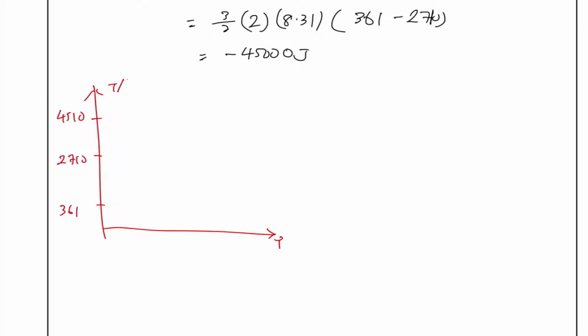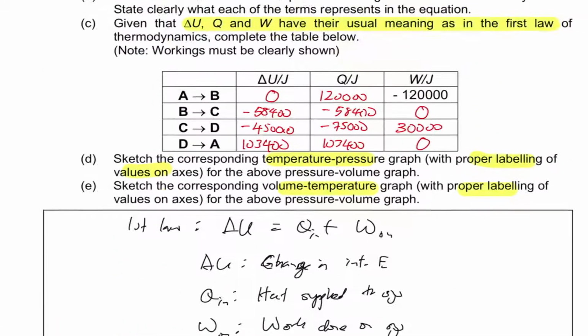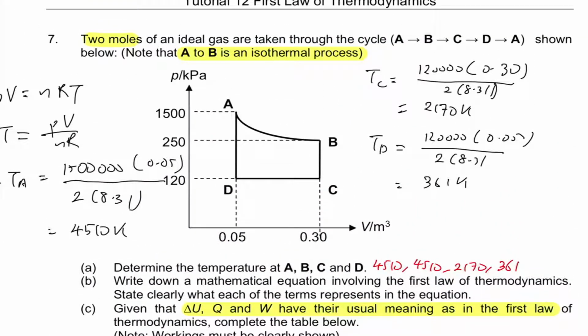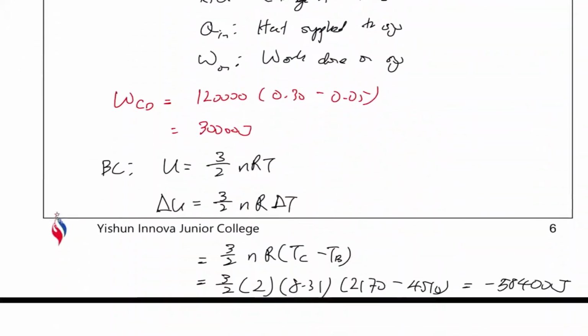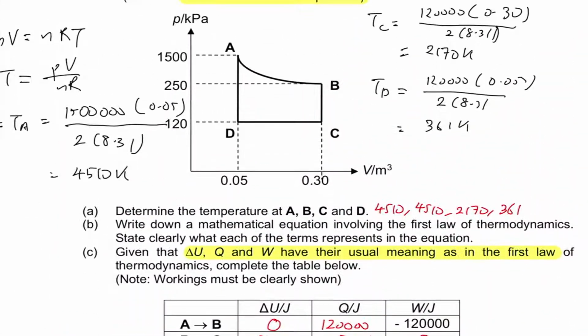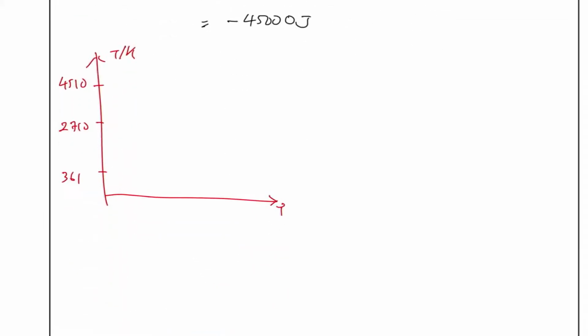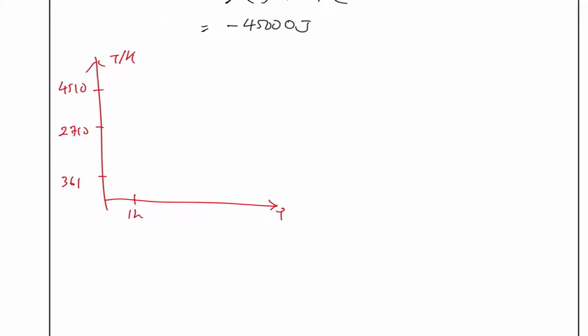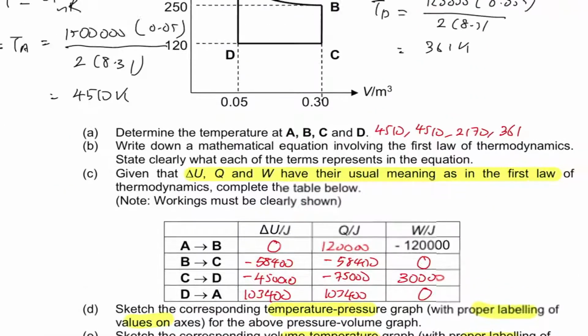So this is in terms of Kelvin. Pressure we have 120, 250, and 1500. Double check.